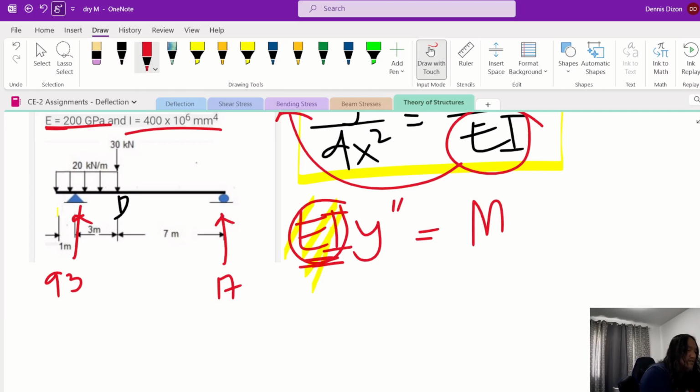Now, since this is a uniform load, but not over the entire span, what you will do is extend this load, which is the same, 20 kilonewton.